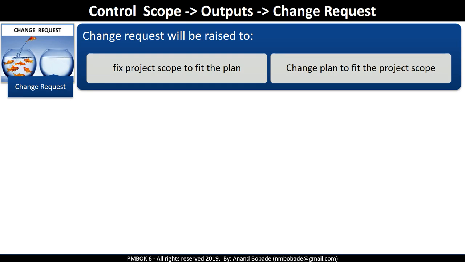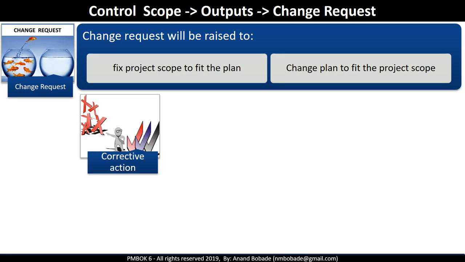If the scope needs to be changed, then there will be a change request outlining which scope item needs to be changed. If the plan needs to be changed, any of the subsidiary plans like scope management plan and various other baselines may get changed.